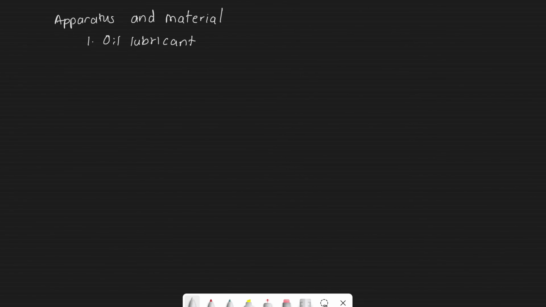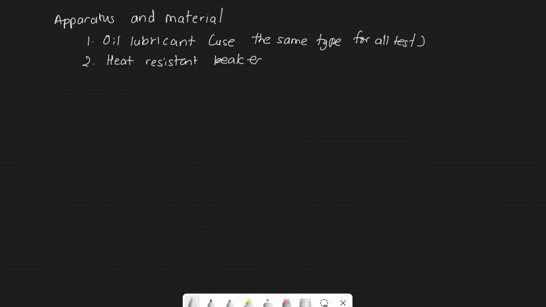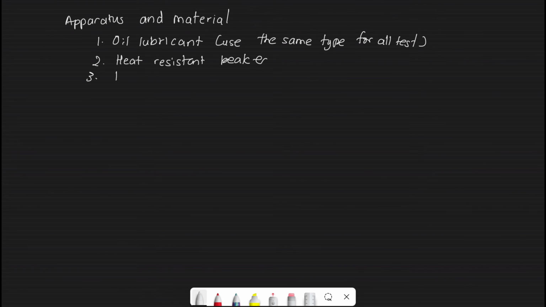For the first one, it's oil lubricant. Use the same type of lubricant. Second is the heat resistant beakers. Third is a hot plate or temperature control oil bath or oven.